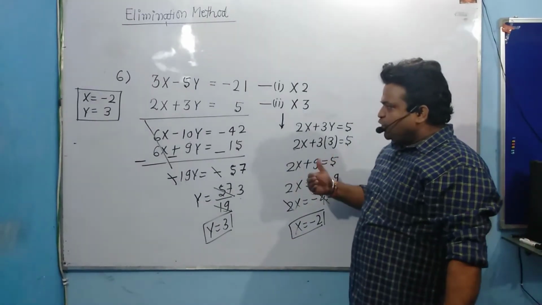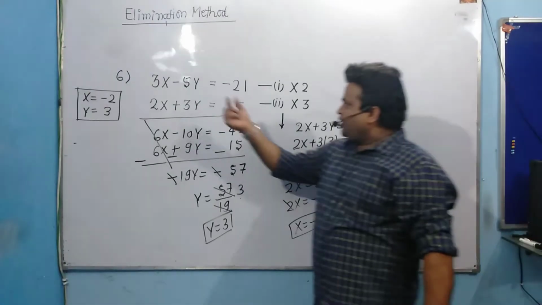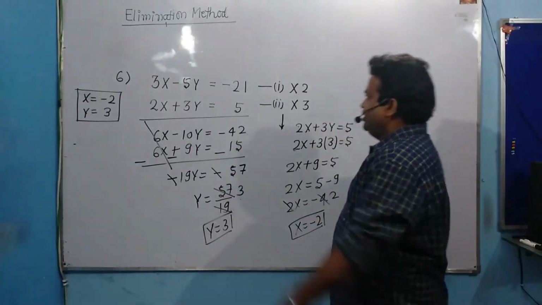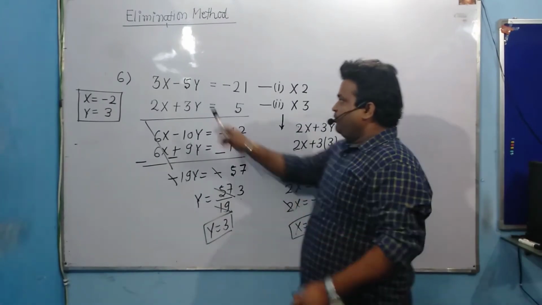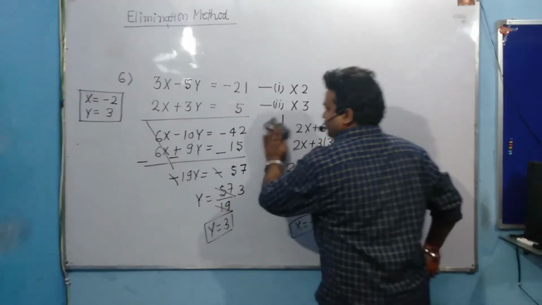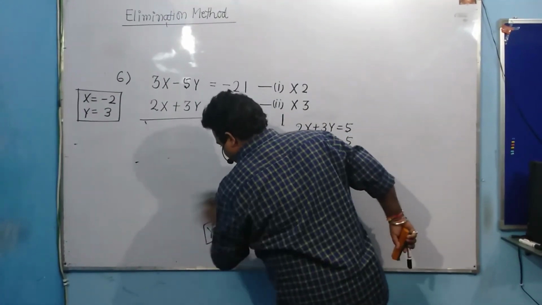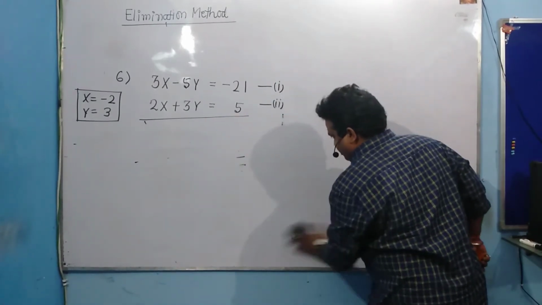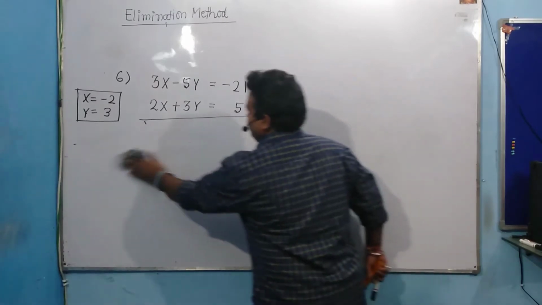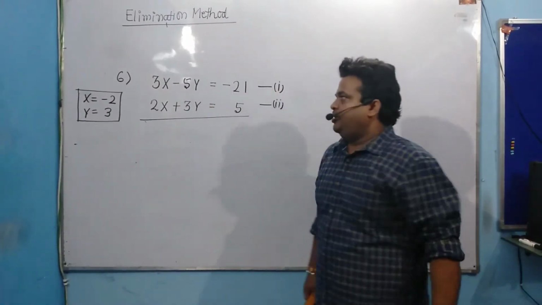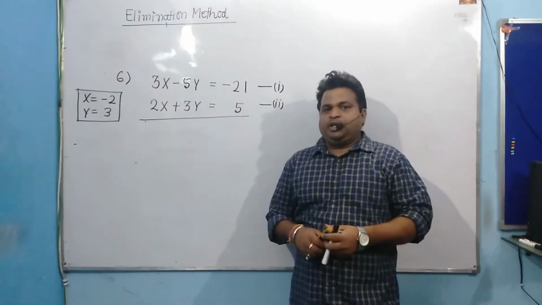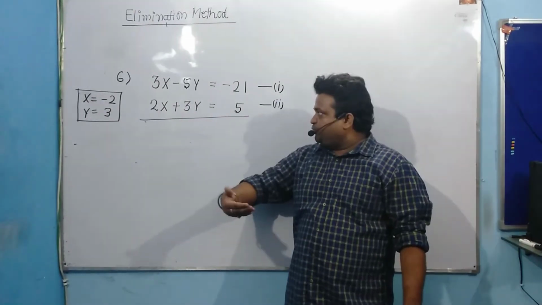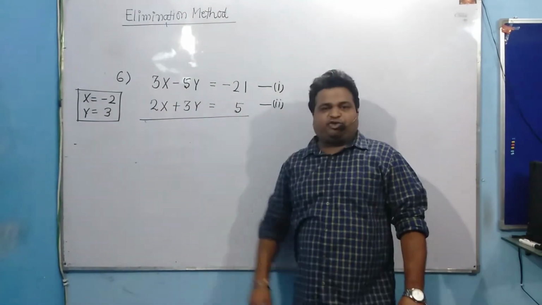Now I am going to solve the same question by equating my y variable. So now I am going to make my y coefficient equal. In the previous method, what was my approach? My approach was to make the x coefficient equal.